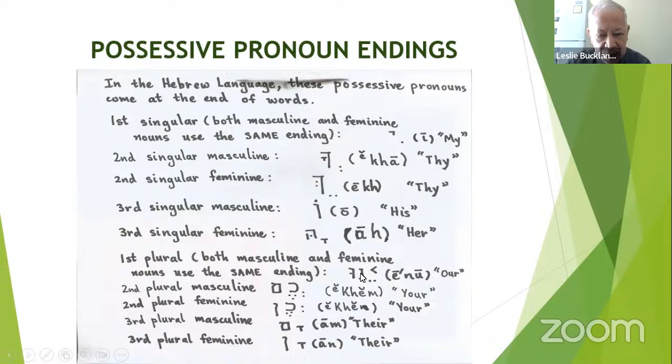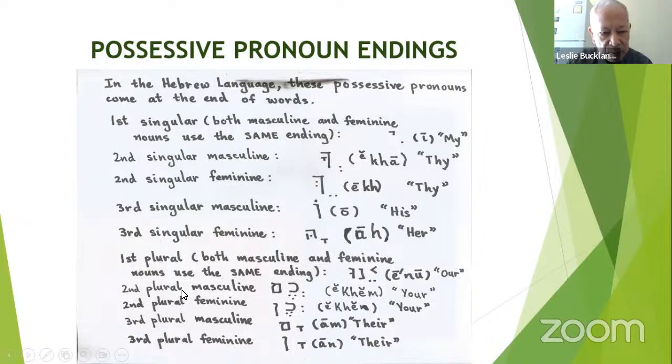This is noon, corresponding to our English N. And this is shurek, the long U sound, corresponding to our U, which is long, the horizontal line over the U. It is pronounced anu, and it is translated as the possessive pronoun our.